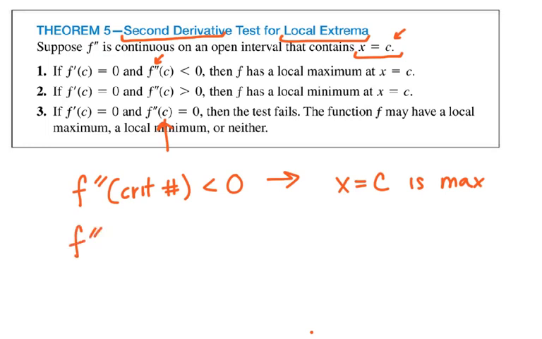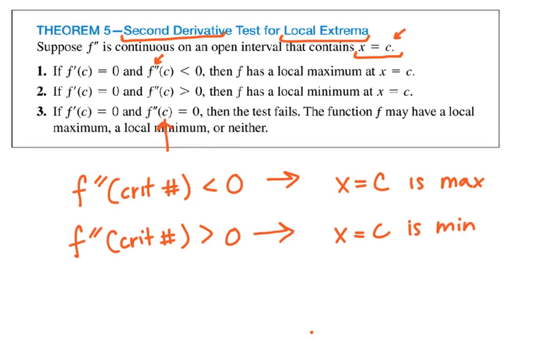And similarly, if that second derivative at my critical number is greater than 0, then that critical number represents a min. Okay, so plugging the critical number into the second derivative lets us prove whether or not we have a max or a min there.